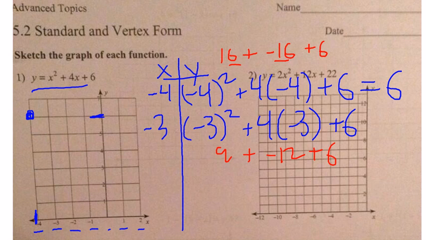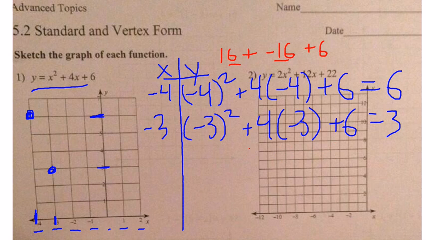Well, 9 plus -12, that's the same as 9 minus 12. That's -3. And -3 plus 6 is 3. So -3, 3 is a point on my graph. -3 on the x, 3 on the y. There it is.